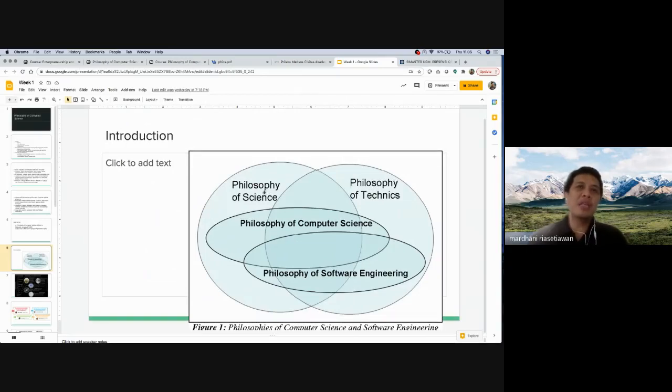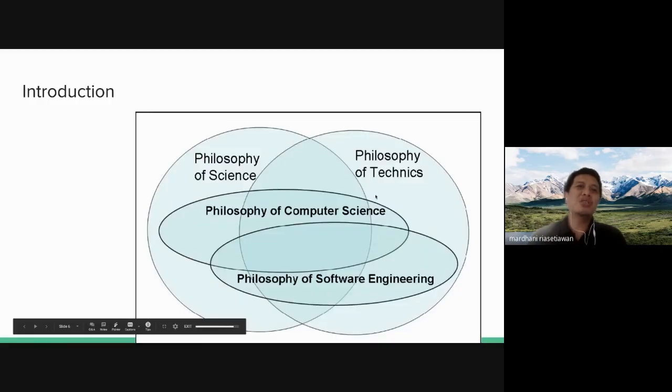But I think this picture needs to be updated, because not only science and technology, but we have a third circle. This is about the issue. Because now is the social media era, it has a very strong power to change people's minds.